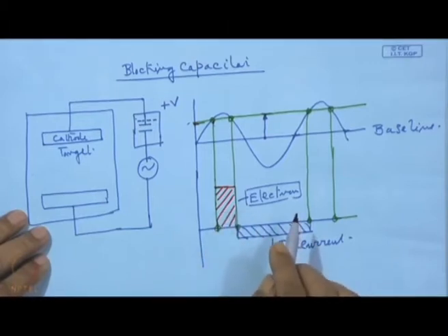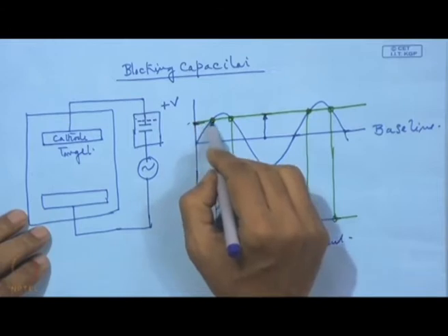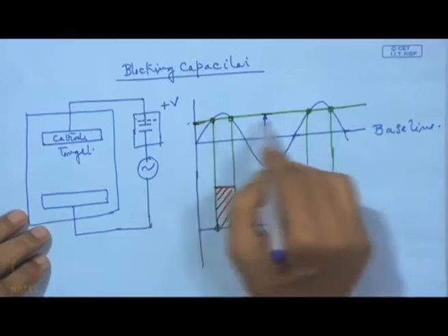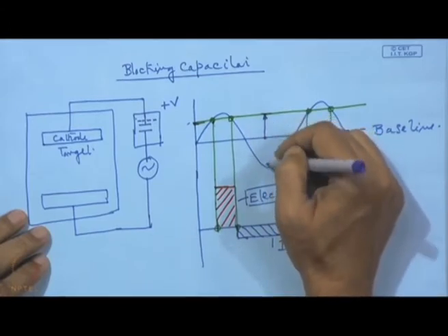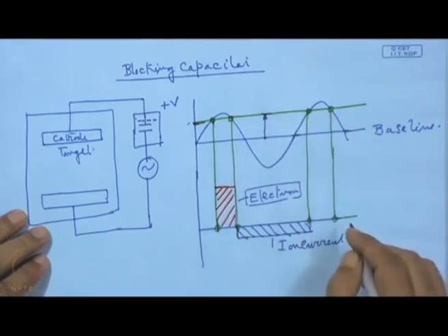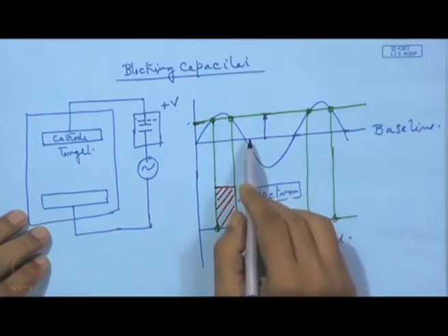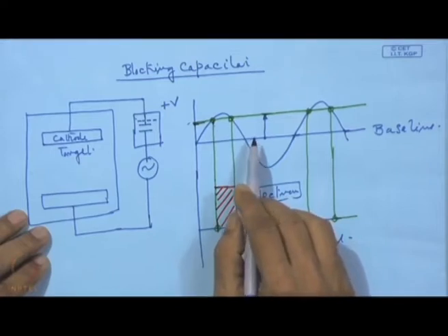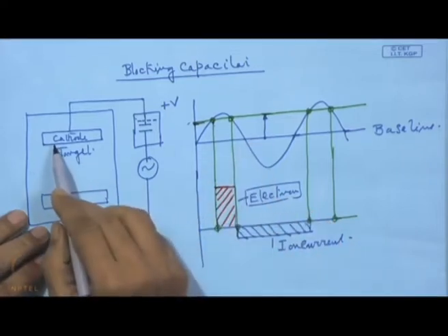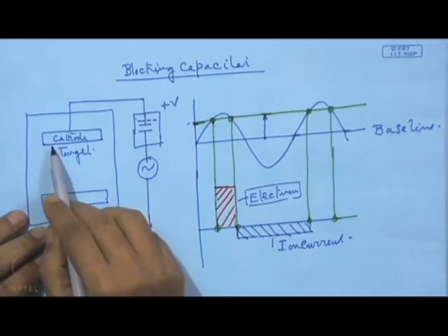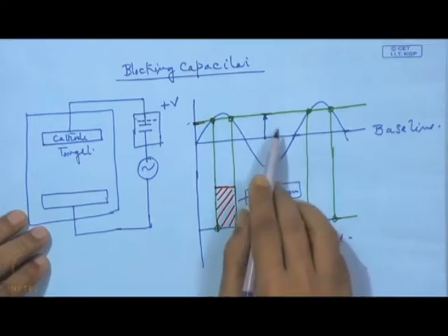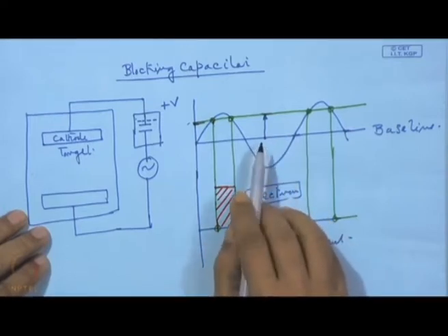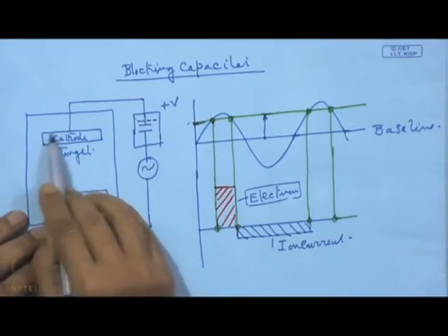So from this we can see that this whole curve is shifted towards the negative side, and in that case we can say that there is a negative bias on this cathode surface, which is subjected to this alternating voltage, but with a negative DC superimposed on it.